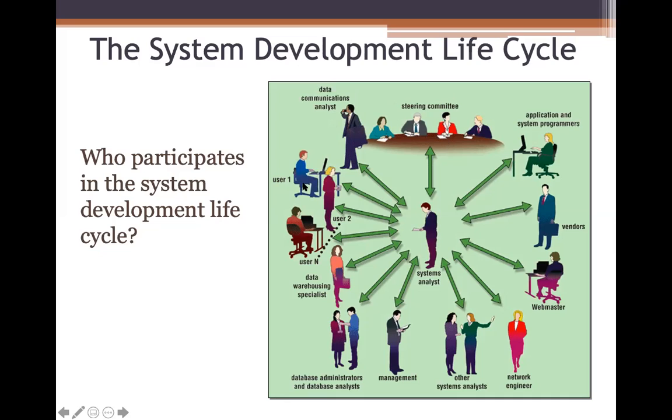It's usually an employee who actually uses the system. There's user number 1, user number 2, and other staff. But you also have the vendors, the external parties. You also have system programmers, who can be from inside or outside the company. You have the webmaster, the network engineer, and other system analysts, right?